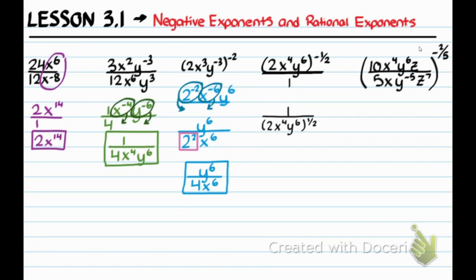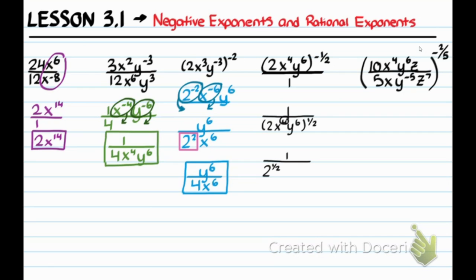So the other way would have been to distribute the exponent first and then make everything positive. Either way, you get the same answer in the end. So once I distribute the exponent, it becomes 1 over 2 to the 1/2. And then we multiply when we're raising a power to a power.